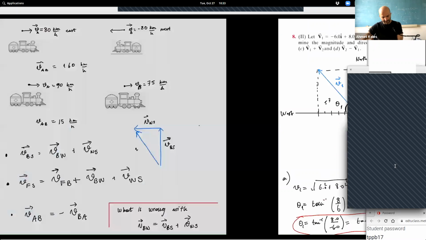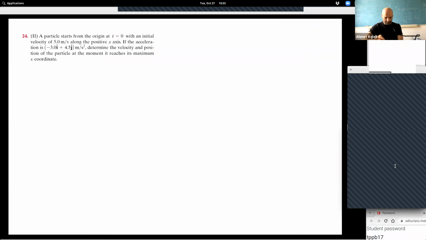Maybe I can write here. People generally use dot, and they call it dot product, V1 and V2. You can multiply two vectors with a dot product, and the result is a scalar.